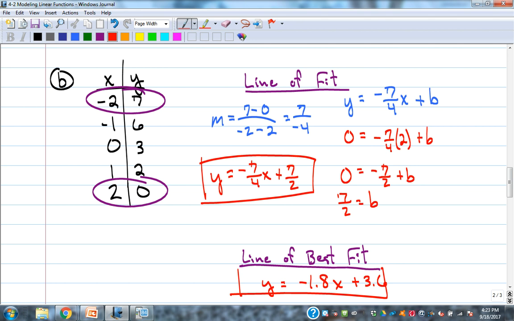If this is data for a word problem, and they wanted you to predict what happens when X is 20, you could plug a 20 in for X and get the answer. It's a prediction equation, really, that you're building there, to predict what's going on. All right? Not much else to it but that.